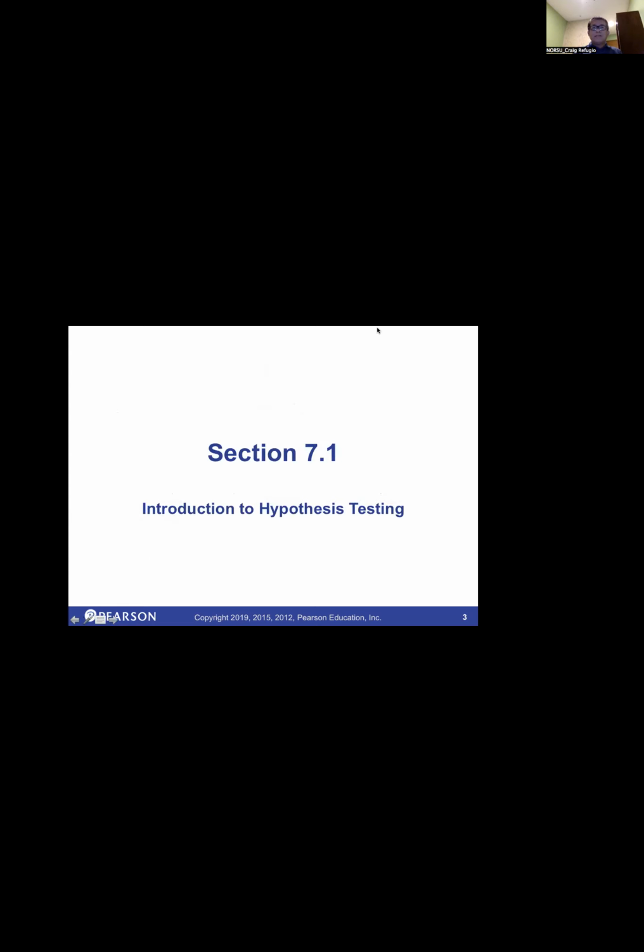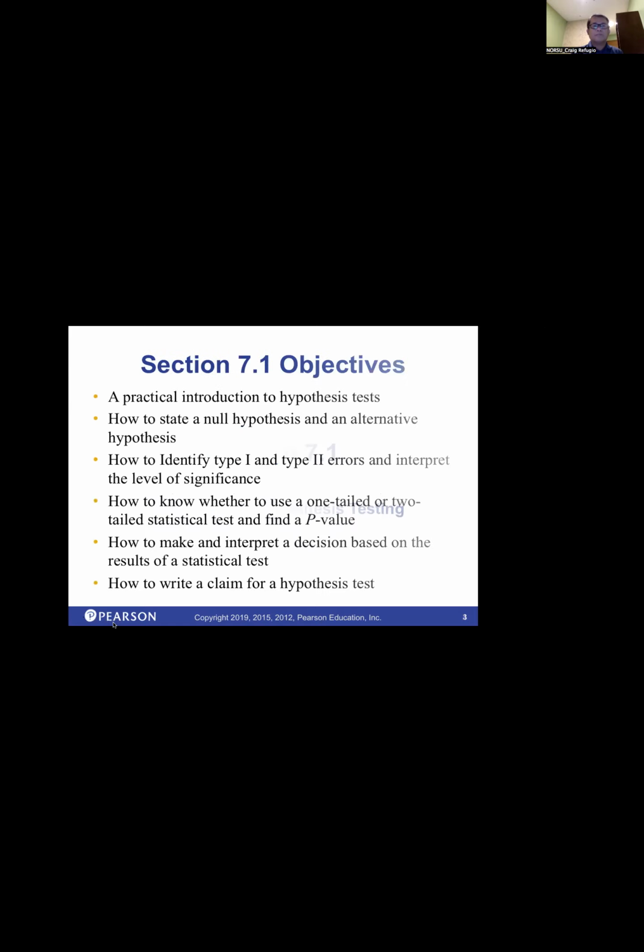So we'll take up first section 7.1, all about introduction to hypothesis testing. What are the specific objectives? We look into a practical introduction of hypothesis test. How to state a null hypothesis and alternative hypothesis.